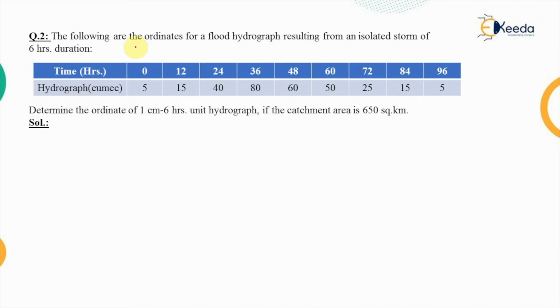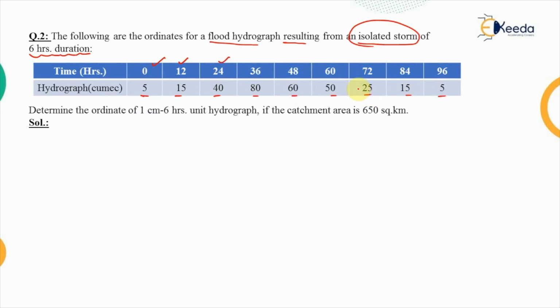The problem says: following are the ordinates for a flood hydrograph which is resulting from an isolated storm. That means there was no other storm than this one of 6 hours duration. So the rainfall occurred for the 6-hour duration, corresponding to which we have collected the data for 0 hours, then 12 hours, and after that at 12 hours apart. So 5, 15, 40, 80, 60, 50, 25, 15 and 5.